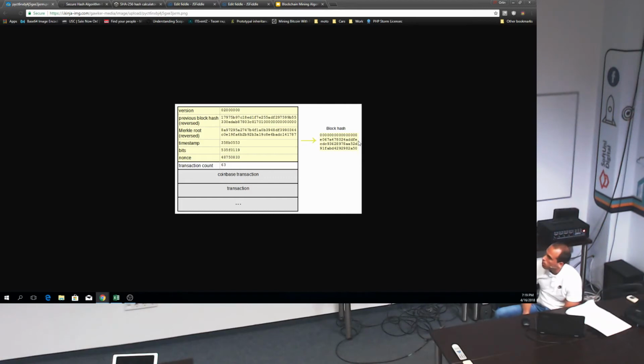This number, the nonce, is the one that miners are trying to guess. You can see the block hash in the end. This is SHA-256 applied on this data in yellow. And as you can see, if we change a single letter or number, the final output is totally different.